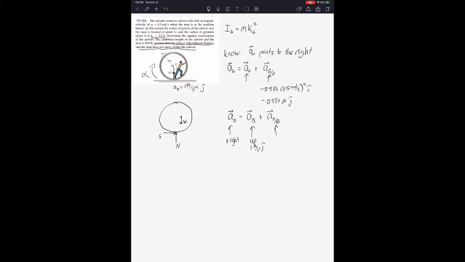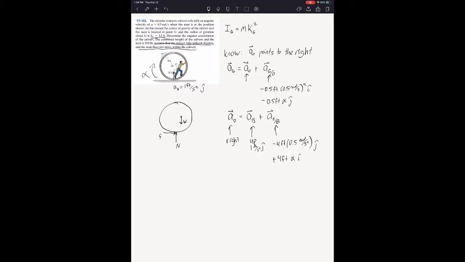The relative position is vertical, so the two terms are an R omega squared term that points down. The R is 4 feet. Omega is 0.5 radians per second, squared, and it points in the negative J hat direction. And there is an R alpha term. The R here is also 4 feet. I have alpha being clockwise, so my R alpha term of O relative to the bottom points to the right. That's 4 feet times the unknown alpha, in the I hat direction.